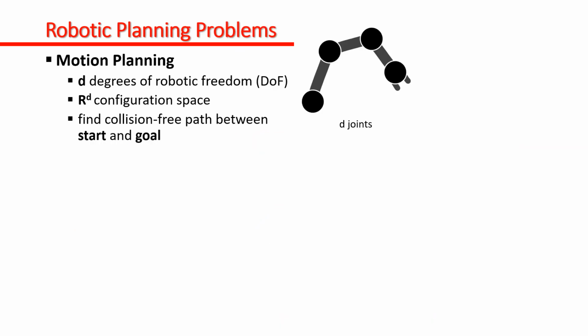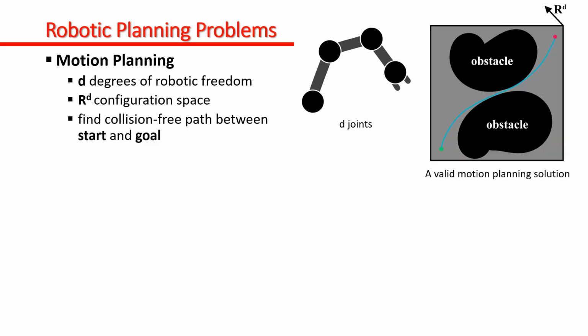Now, let's take a step back and talk about what the problem actually is, right? So what are typical robotic motion planning problems? A motion planning problem would involve a D degree of freedom robot which can have D joints, say, and this describes a configuration space which is d-dimensional.